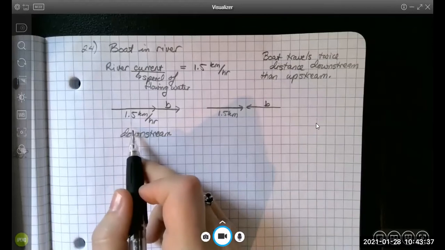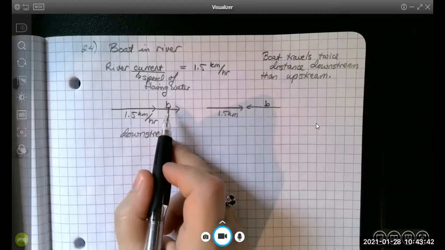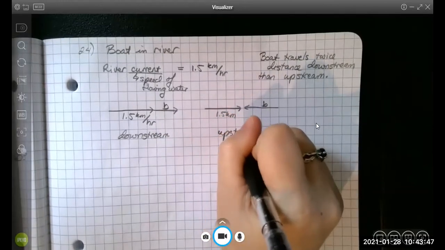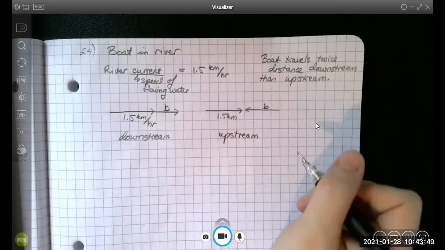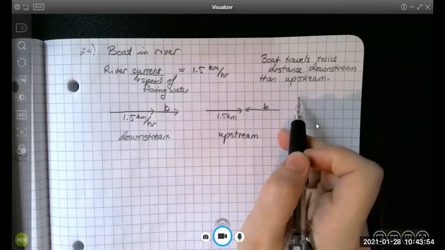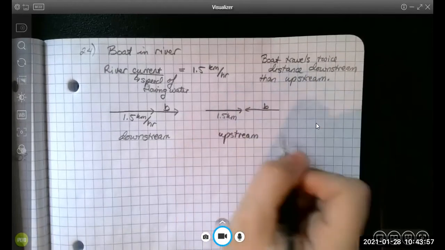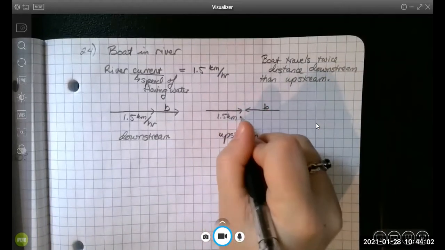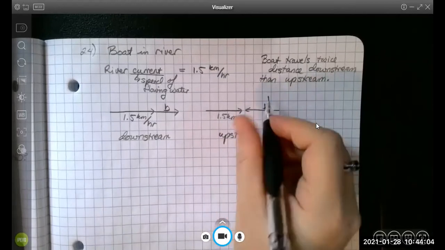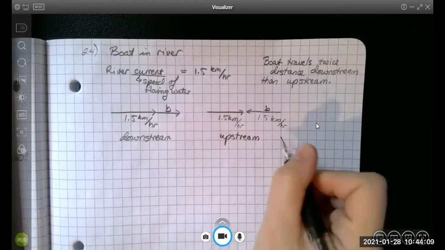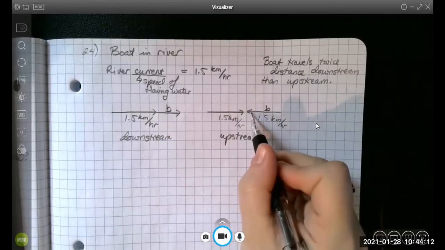It must be double this. Don't do that. Just because the boat is going twice the distance down as it is up against the current, you have to really read it. The boat still travels upstream. It still travels up. So if this was 1.5 kilometers per hour going down, and this was 1.5 kilometers going up, well, they would balance out and the boat would go nowhere.